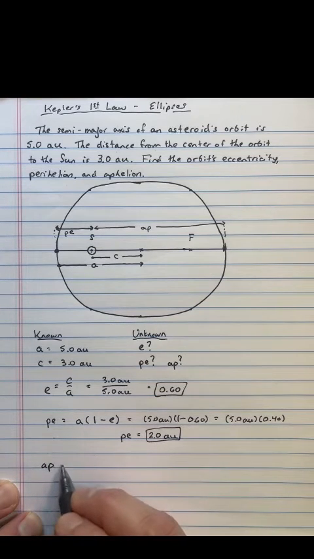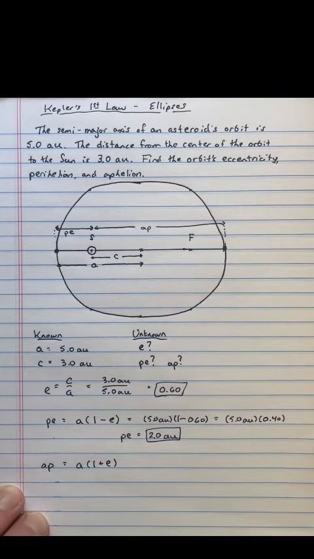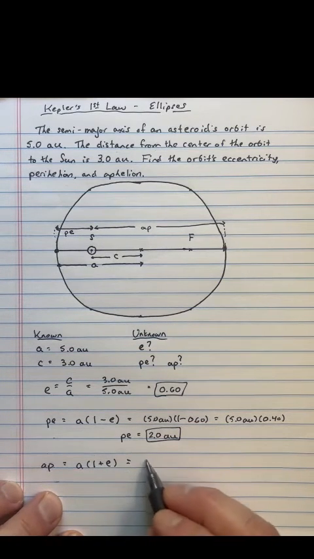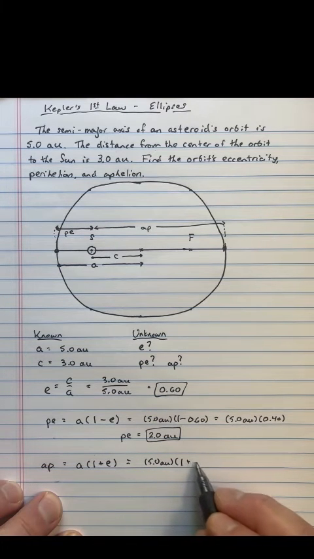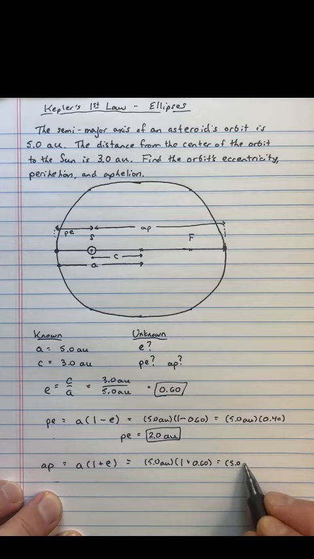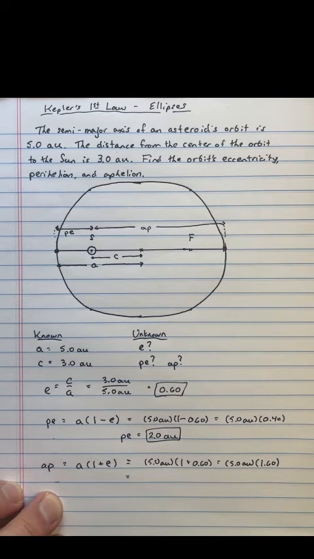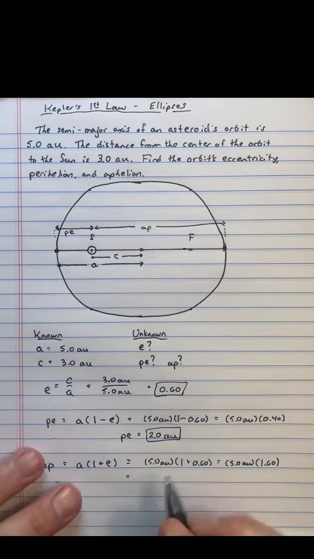Aphelion is a similar sort of idea, except instead of a minus sign, it's a plus sign. So a times 1 plus e, all right? So 5 AU, now it's 1 plus 0.6, or 5 AU multiplied by 1.6, like that. And 1.6 multiplied by 5 is 8.